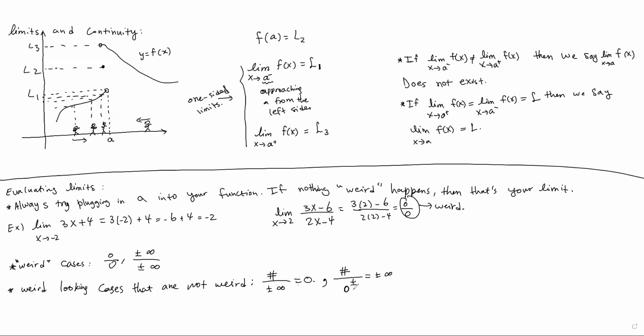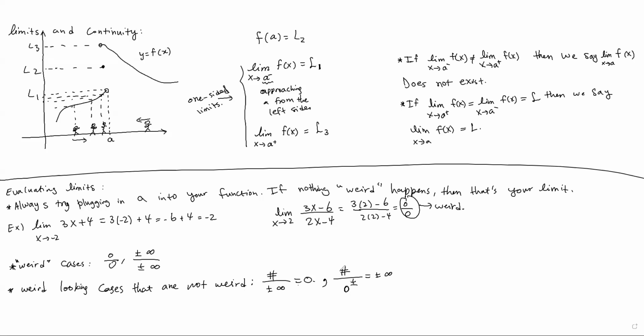So if the number up top is positive and the 0 is negative, it means you have a tiny negative number at the bottom. The result would be positive over negative would be negative infinity. So this sign has to be determined using the sign of the number and the sign of the limiting 0 at the bottom. Well, the analogy for this one is if you have one cookie, let's say, and you want to divide it between like 2 ants, each ant is going to get a lot of cookies, right? So a large sum divided by a very limited number of people is going to be infinity.